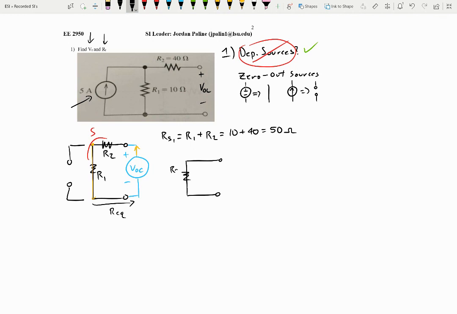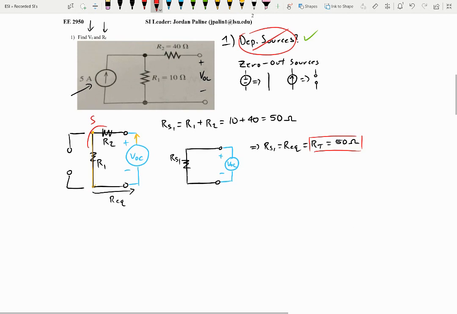So this will be R series 1, VOC, plus and minus. Okay, so now I only have this one resistor and this one source. So therefore, our R series 1 is equal to our R equivalent, which is equal to R Thevenin. So therefore, our R Thevenin is 50 ohms. All right. So that's part one.